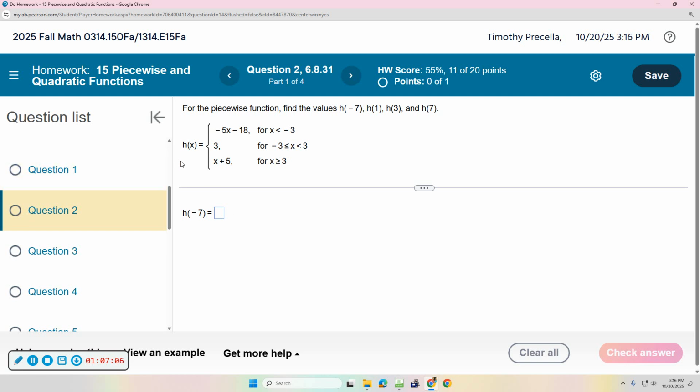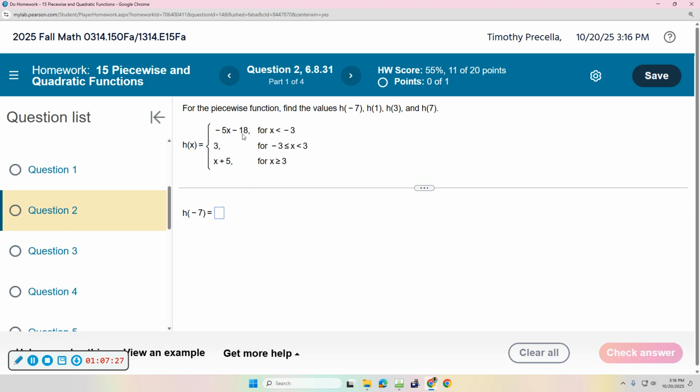Here, this function consists of three pieces. Look at that first. Let me write it down, then we'll discuss what it's saying. H of x. I'm going to use colored ink. There's three different pieces here.